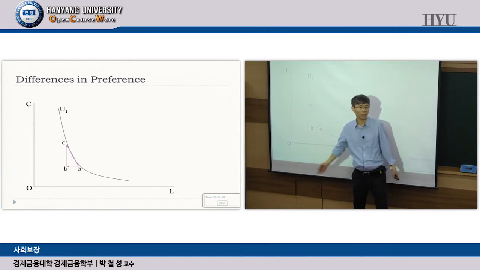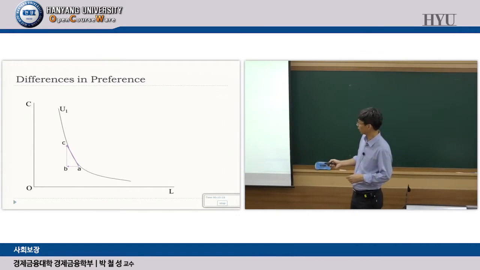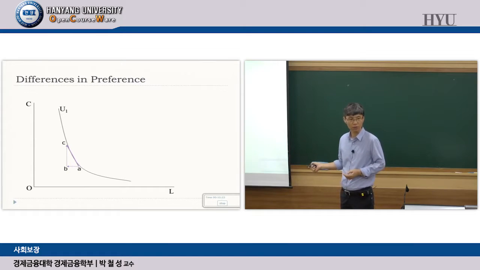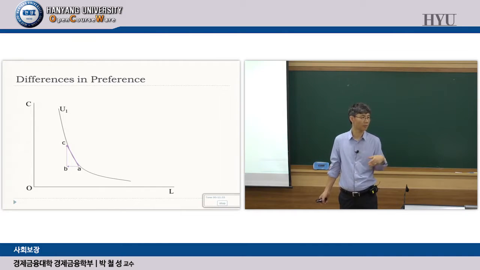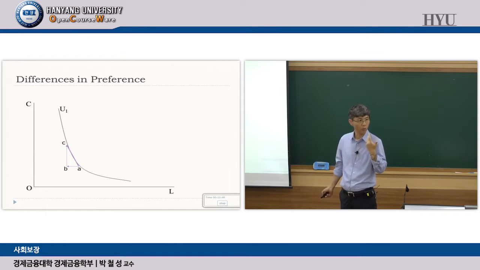Since we are using the indifference curve, we can ask: if we take 1 hour away from this person's leisure time, then to make this person as happy as before, this person should get more consumption. We compensate the loss of leisure by giving more consumption.